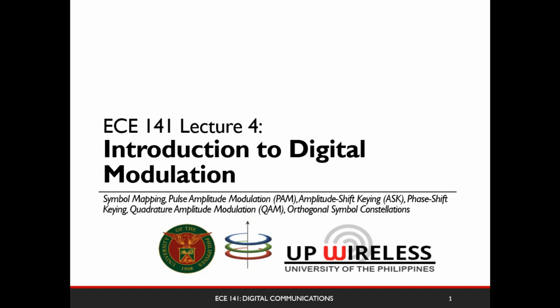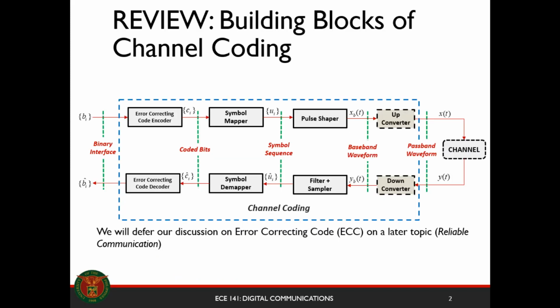Right? So part 1. Just a review, let's look at our building blocks of channel coding. From the bits, as you see here, we now encode our bits into a form suitable to be transmitted to the channel. And through that, we're going to go through what we call an error correcting encoder, but we'll discuss that in a later part of the course, on a later topic.